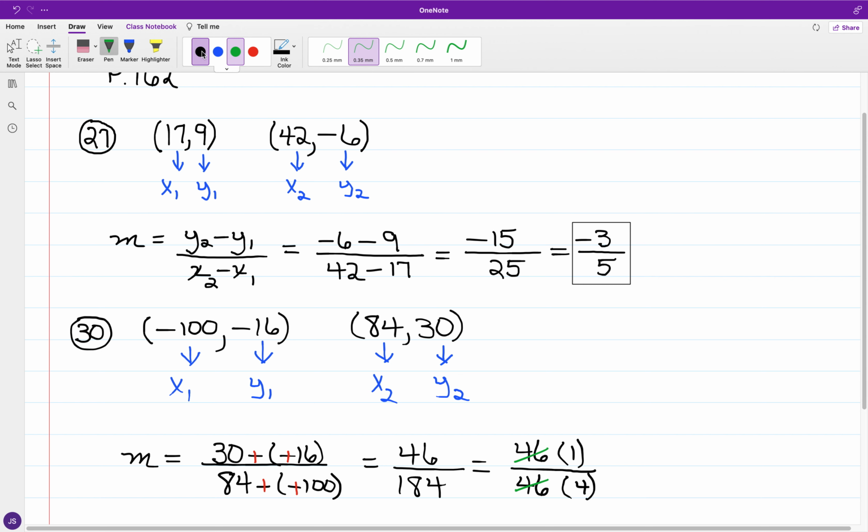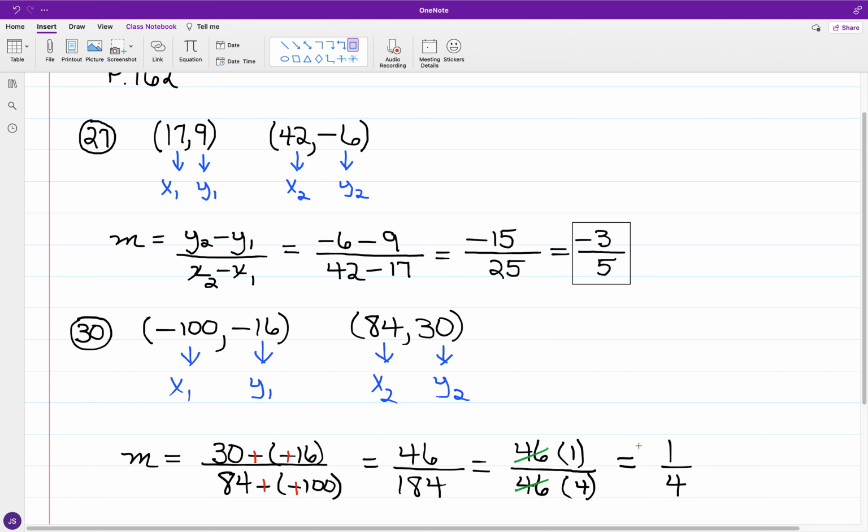And so for the slope, you had the overarching ratio of the amounts vertically and horizontally, 46 over 184, but incrementally, for the slope, we look at a proportion of 1 to 4. So the slope is equal to 1/4.